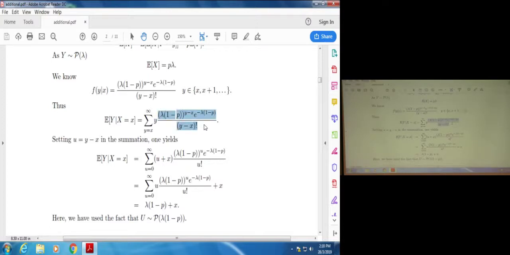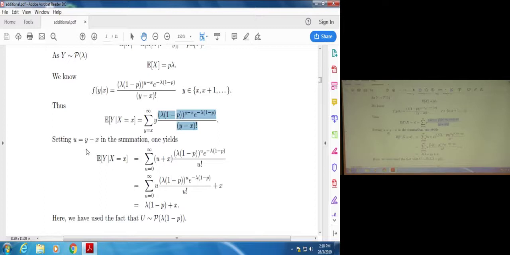Now we're going to pull the same trick that we did a few moments ago and change the limits of summation. Instead of going from x to infinity, I'm going to go from 0 to infinity, because the associated computation is going to be easier.